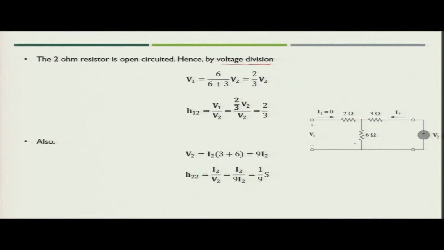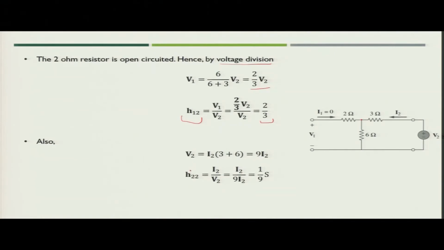The voltage V1 across 6 ohm can be found in terms of V2 with voltage division. So V1 is nothing but 6 divided by 6 plus 3 times V2, so V1 is equal to 2 by 3 V2. H12 is nothing but V1 upon V2, and when you put the value of V1 in terms of V2, you get H12 as 2 by 3.